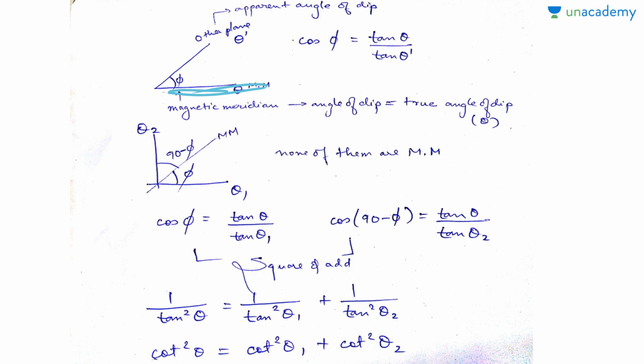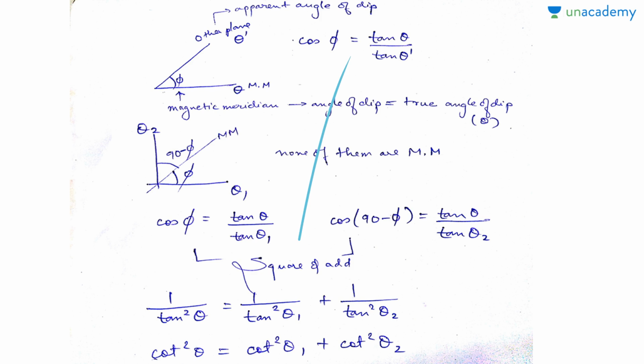Now applying the same logic here, suppose this is one plane and this is another plane, having angles theta 1 and theta 2, and this is the magnetic meridian. If this angle is phi, then automatically this angle becomes 90 minus phi.